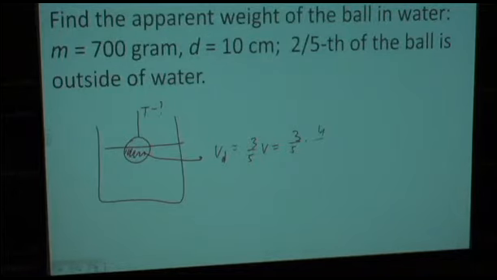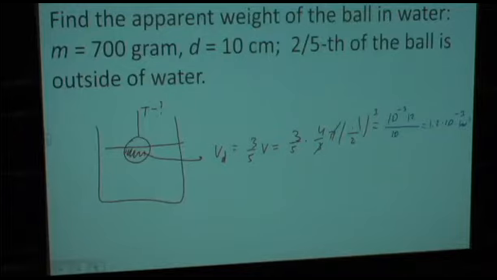Which is 3/5 times, one more time, pi, it's the same ball. So now, again, 0.1 cubed is 10 to the negative third, and here we have 12, here we have 10. 12 over 10, 1.2.